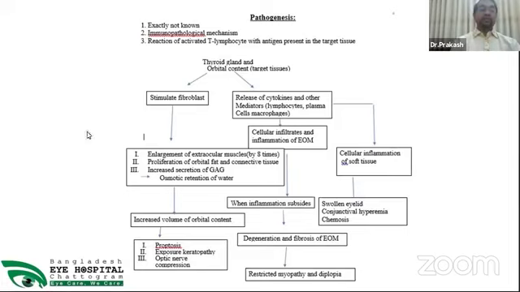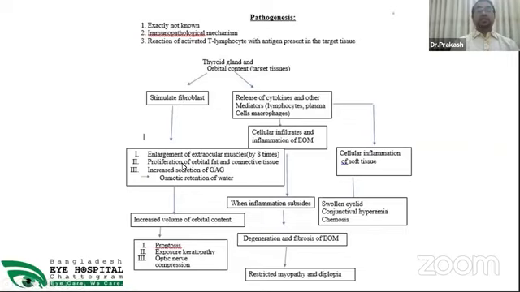So when the fibroblast is stimulated in the extraocular muscles, the size of the extraocular muscles will be enlarged, by up to 8 times. So you see the enlargement of the extraocular muscles. This is one. And secondly, the fibroblasts are also located in the orbital fat and connective tissue.